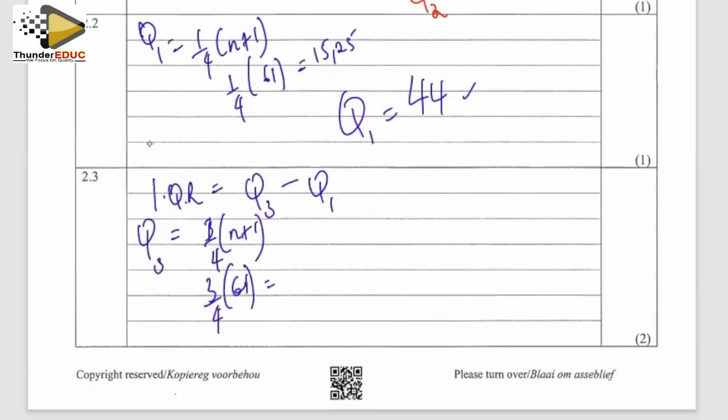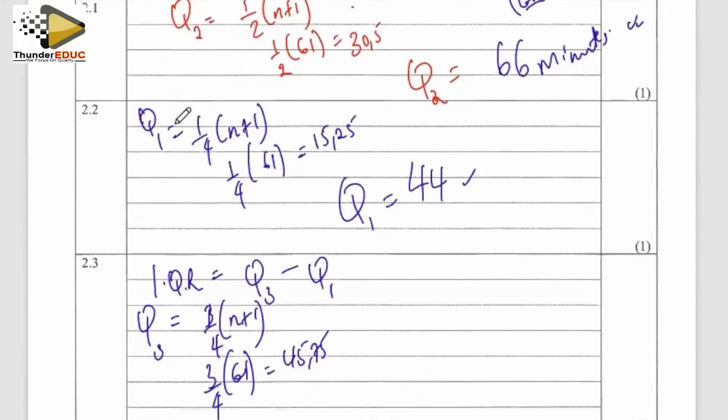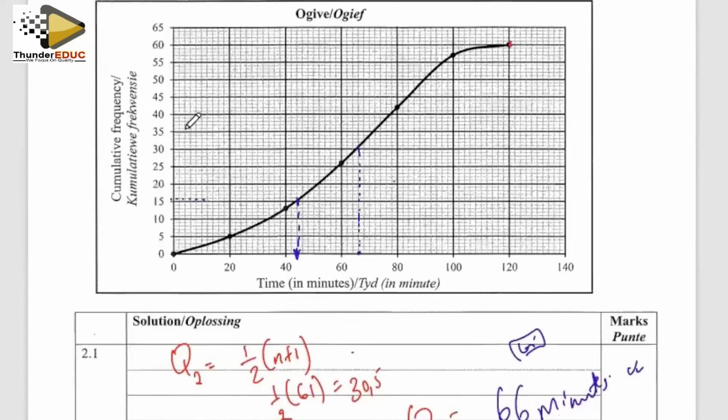That gives me 45,75, okay? So 45,75 is more like close to 46, and we can have that value at this point.